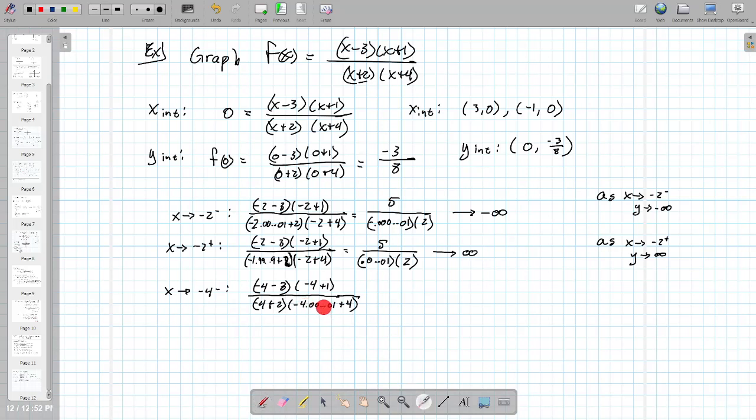So again, since this is a little bit further from 0, we would end up with a negative value. We have a negative 4 minus 3 is negative 7, times negative 3 would be 21, divided by negative 4 plus 2 is a negative 2, and a negative 4.0001 plus 4 would be an arbitrarily small but negative number.